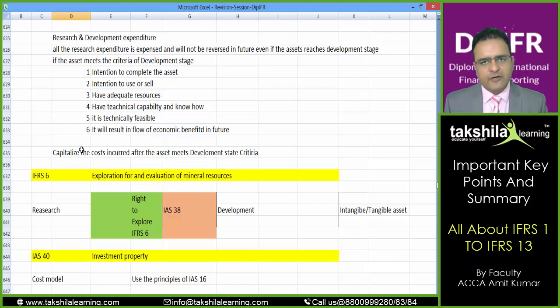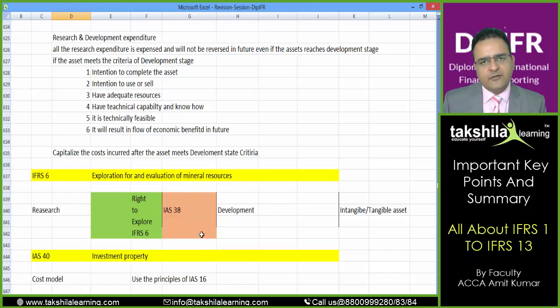So indirectly what they were demanding was an extension of the development phase. Because they were not able to meet all the criteria of research and development expenditure of IAS 38, which was not being applicable to them, because if they would have used these principles, they would not have been able to apply the development phase.